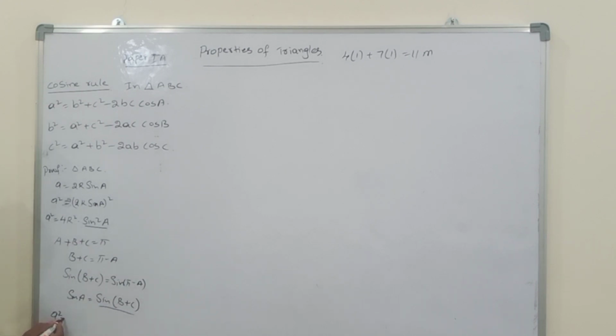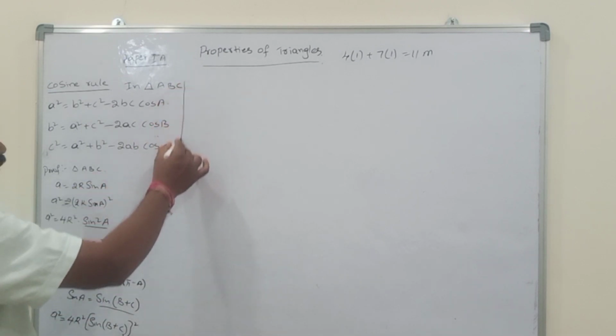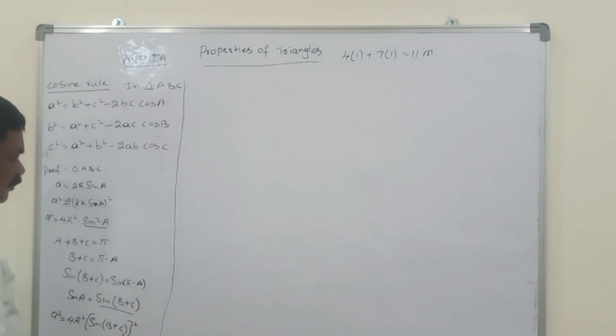So a square is equal to 4R square into sin of B plus C whole square. But what is sin of B plus C?